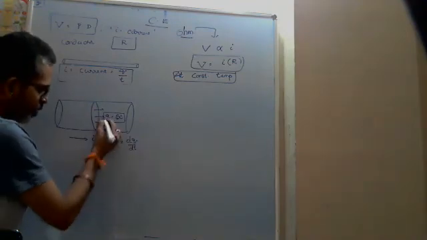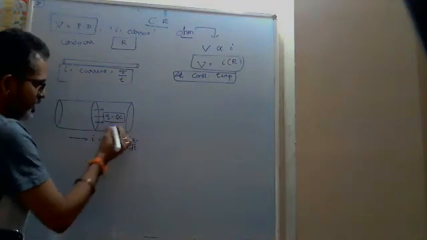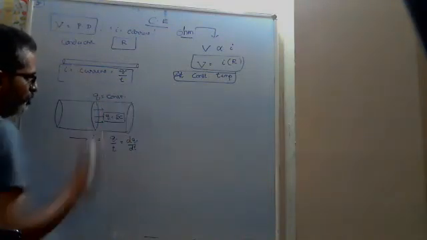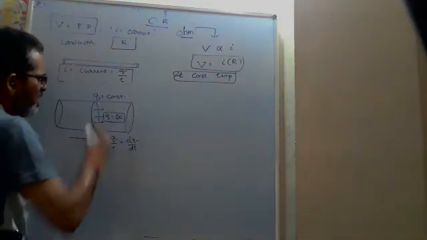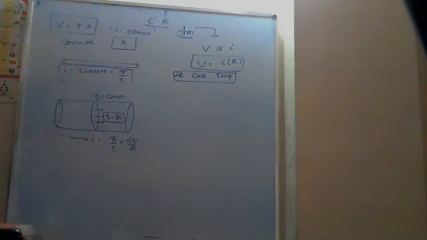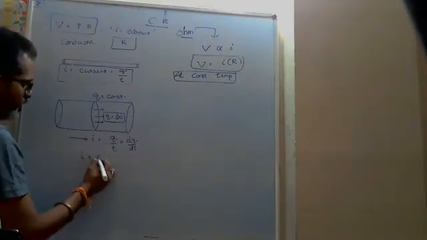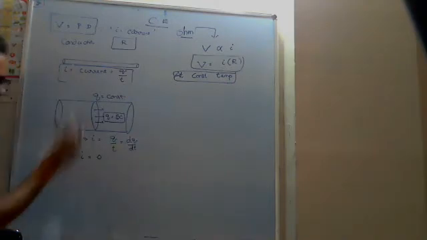So the problem here is that through a particular cross section, the charge crossing is constant, Q equals constant, all the times 5 coulombs only, in 1 second or 2 seconds or 3 seconds or 4 seconds, whatever it may be. According to mathematics, if Q is constant, the differentiation of a constant is 0. This is the problem now.